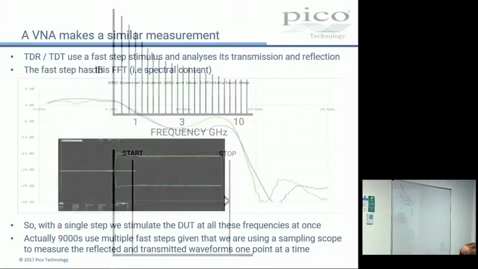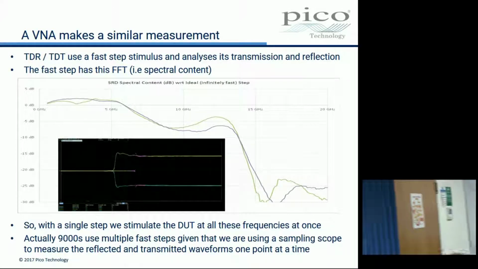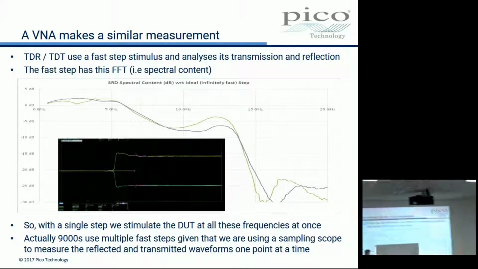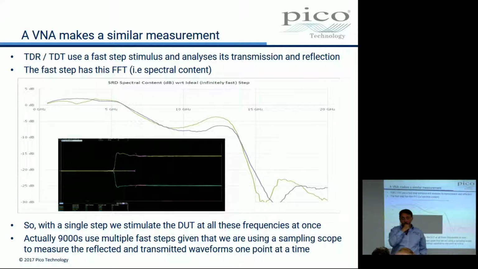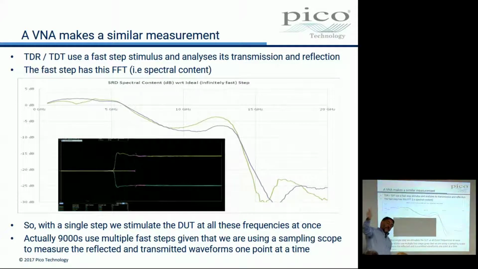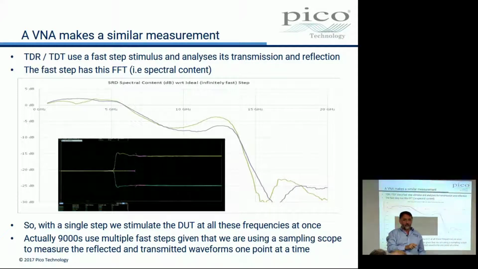So, yep, back round, thank you. What I did here, this is a plot of the spectrums that come off the 9311 and the 9312. Now, this is not the spectrum we see on the board there. This is the difference between an ideal step and the 9311.